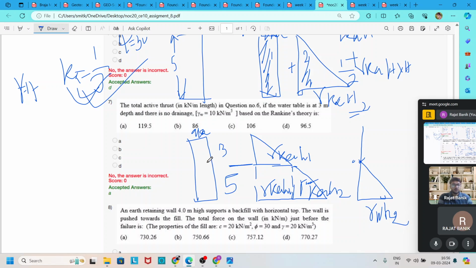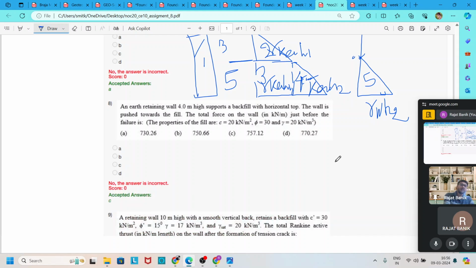Now we find area 1, area 2, area 3, area 4, area 5, and add them to get the answer.